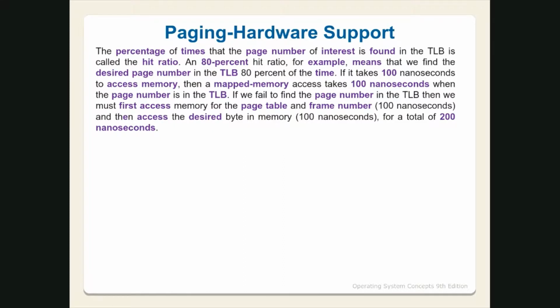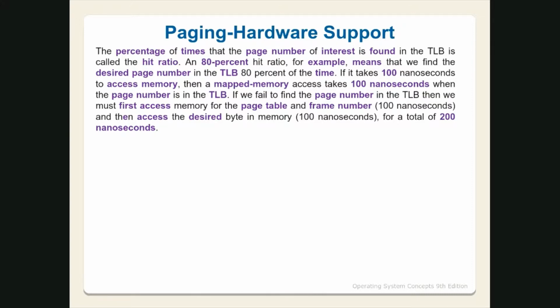In case it takes 100 nanoseconds to access a memory, accessing the buffer is also 100 nanoseconds. To access the buffer, and from the buffer you take the data of the memory, so that's okay. If there is a hit, 100 nanoseconds. If there is a miss, then it will be 200 nanoseconds, because your page table is also inside the memory and your frame is also inside the memory.